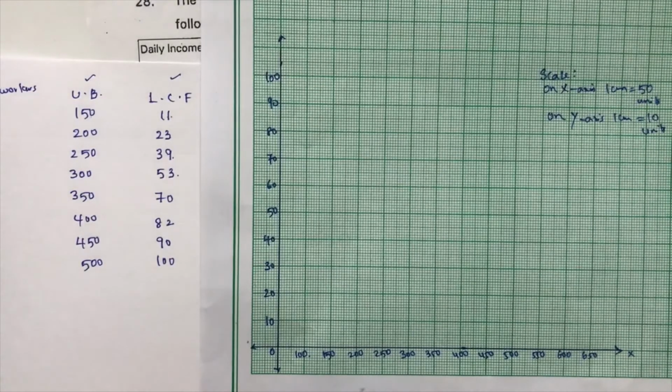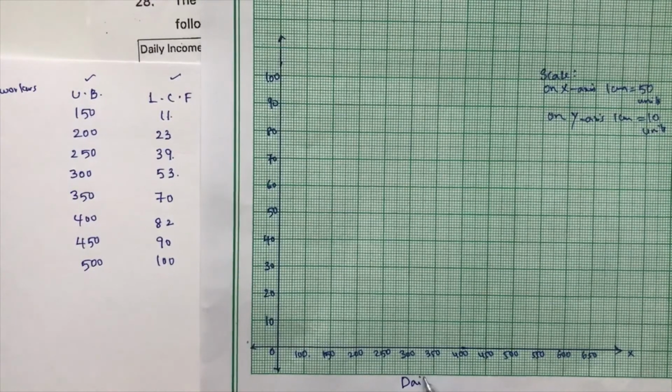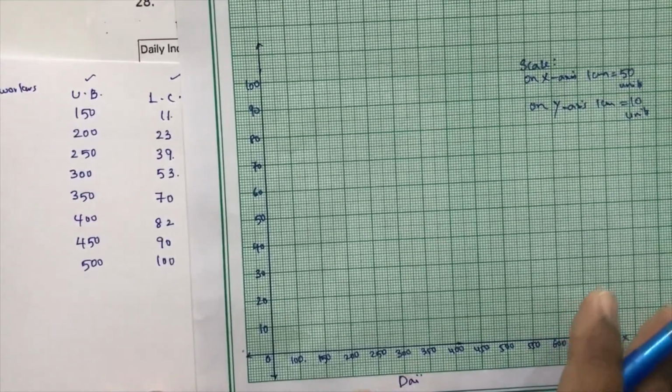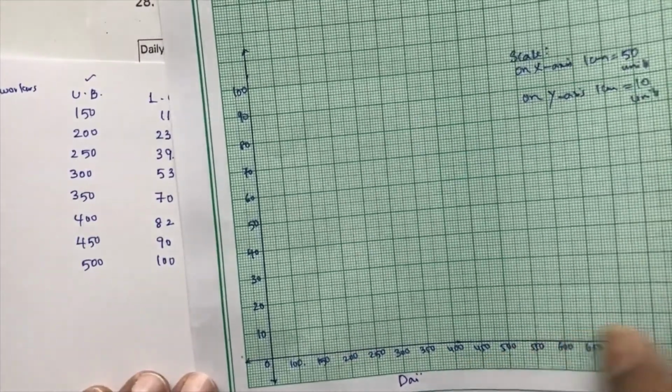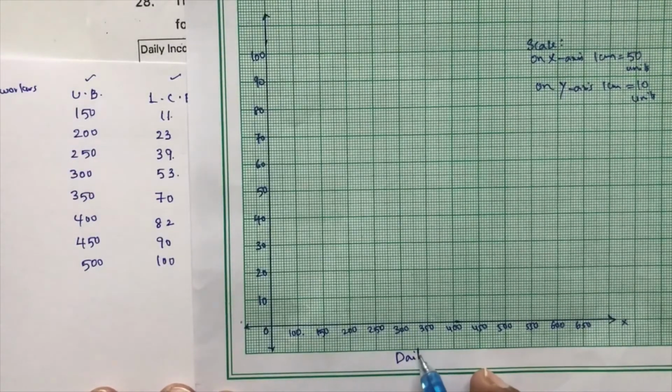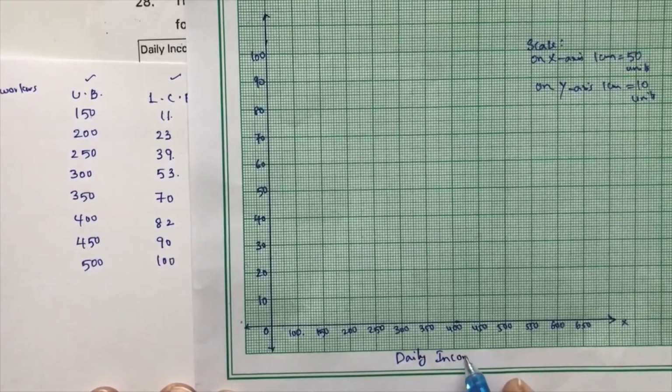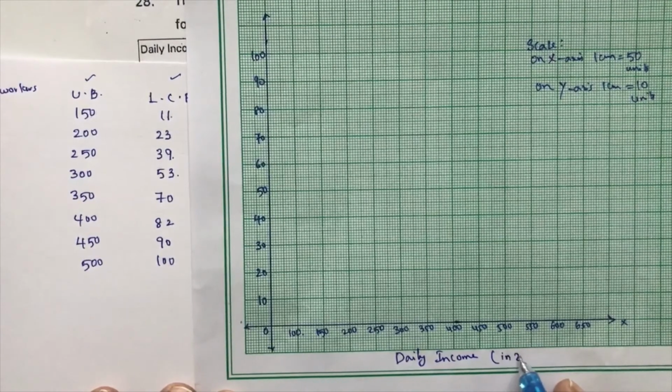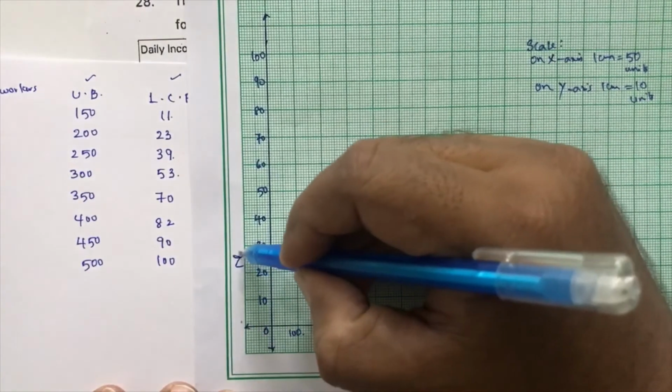On the x-axis I took daily income, which is in rupees, and on the y-axis the number of workers.